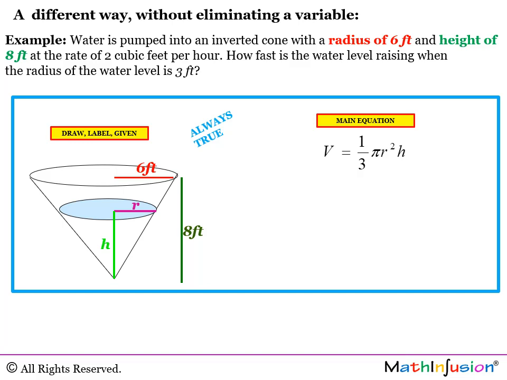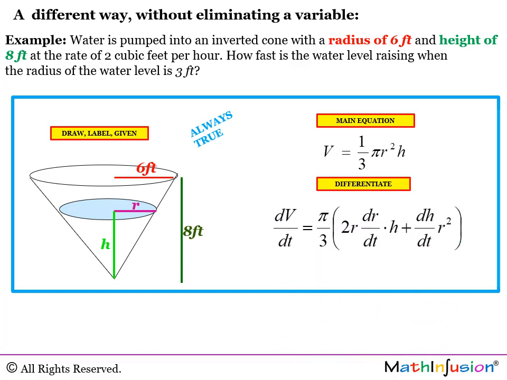We notice that r and h are both functions of t. So if we want to differentiate r to the power of 2 times h, we have to use the product rule. And here is what we get.